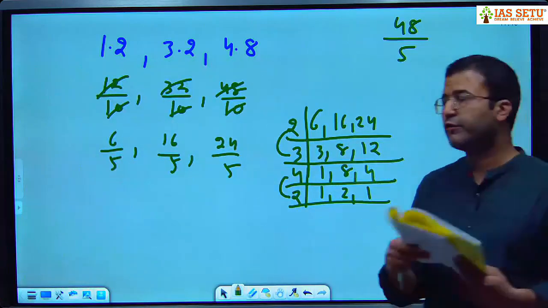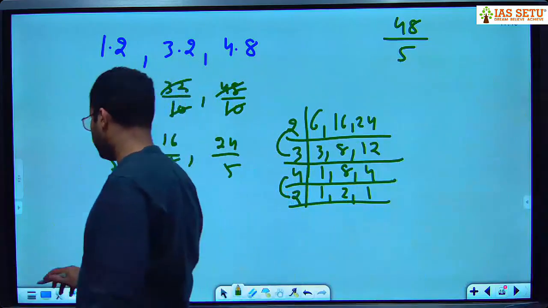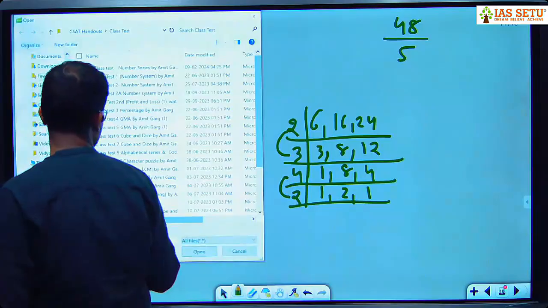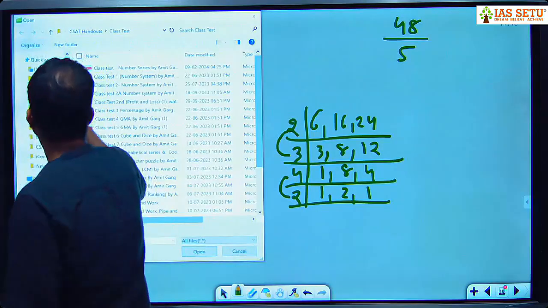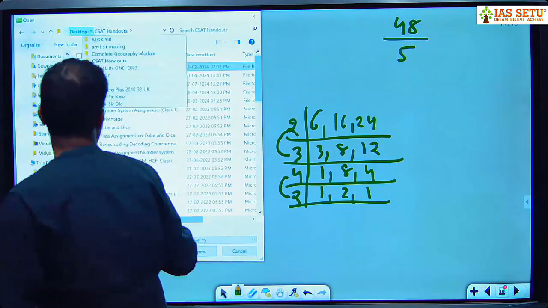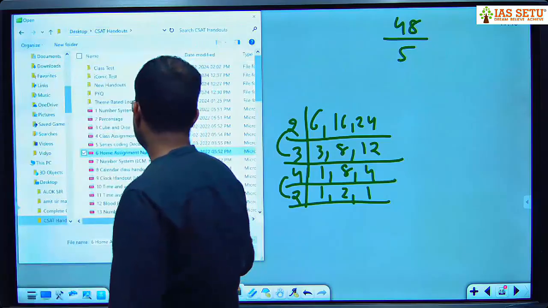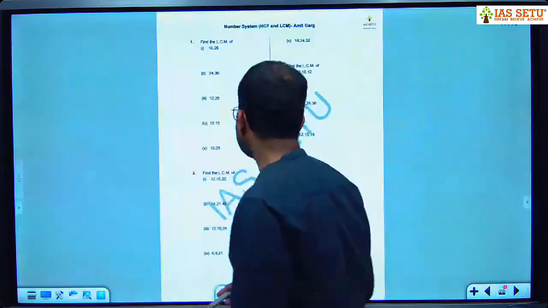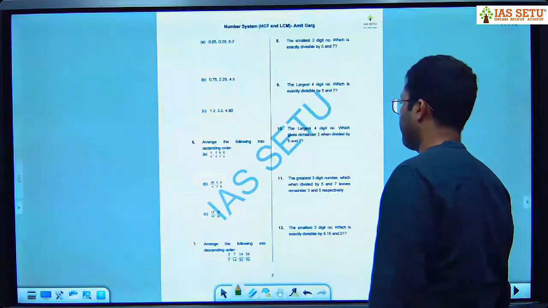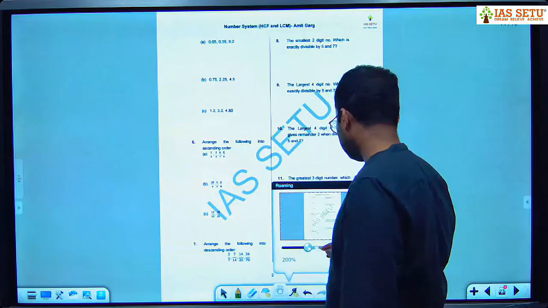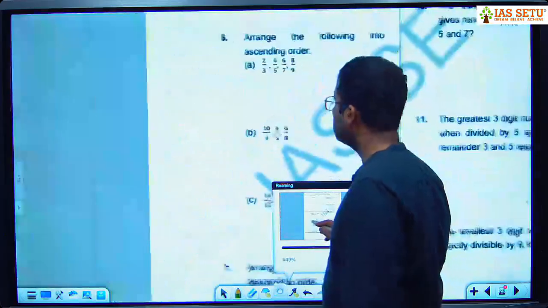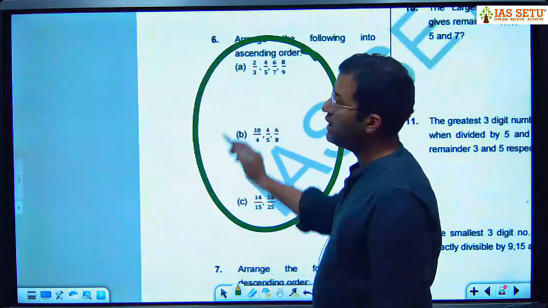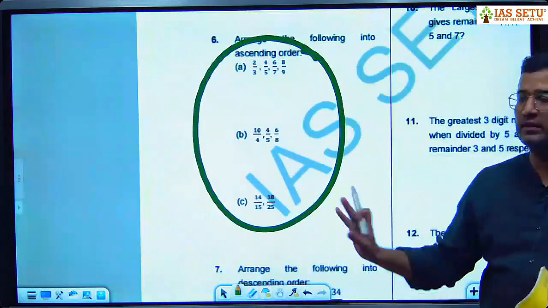Now here, if you check your handout, there are question numbers 6 and 7 where we have to arrange fractions in ascending or descending order like this. Believe me, LCM method is not the right method for these questions.